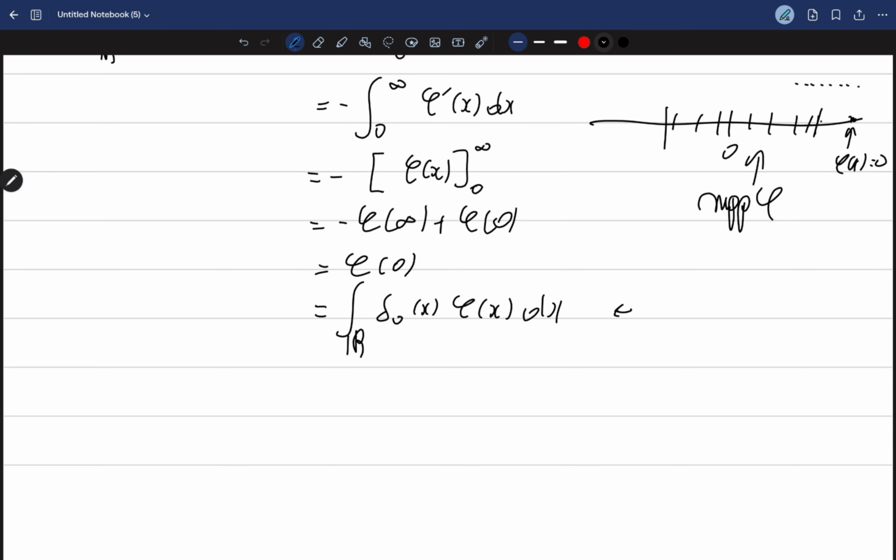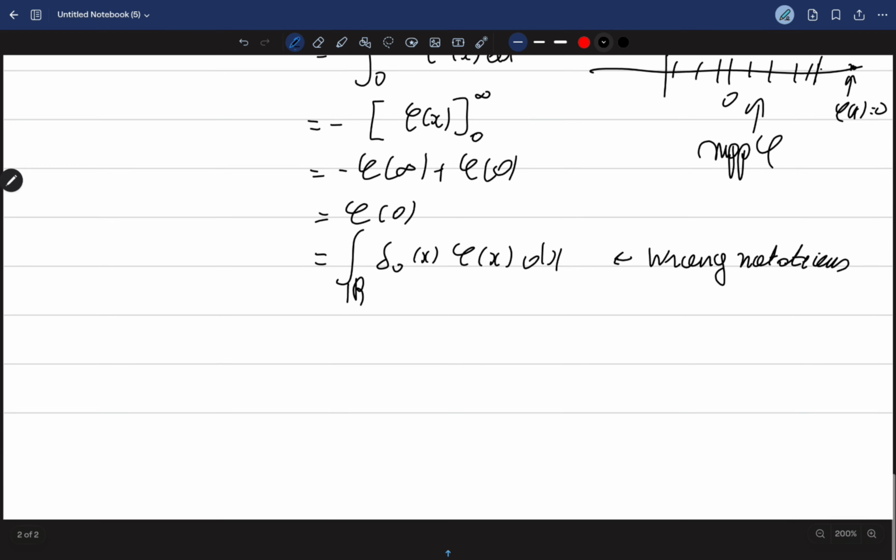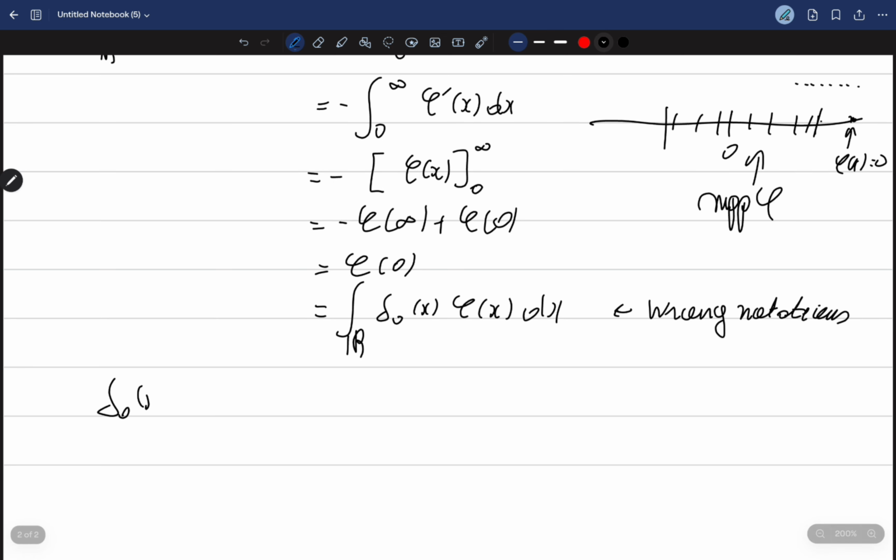As I said, this is a wrong notation, but just for simplicity, this was introduced by Dirac, the physicist.